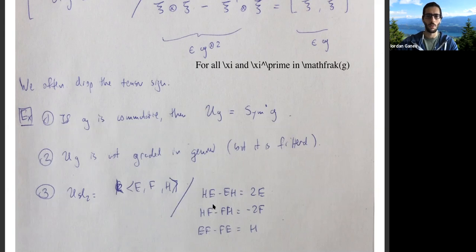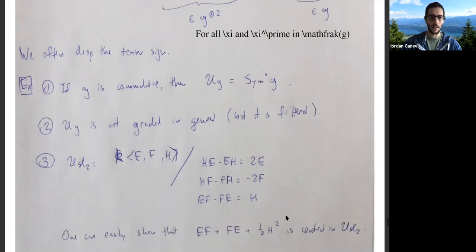Inside this free algebra we have the elements E, F, and H, and we can take arbitrary lengths of products and it won't be commutative. We can't switch things around. But we quotient that free algebra by these relations, and that gives us the universal enveloping algebra of SL2.